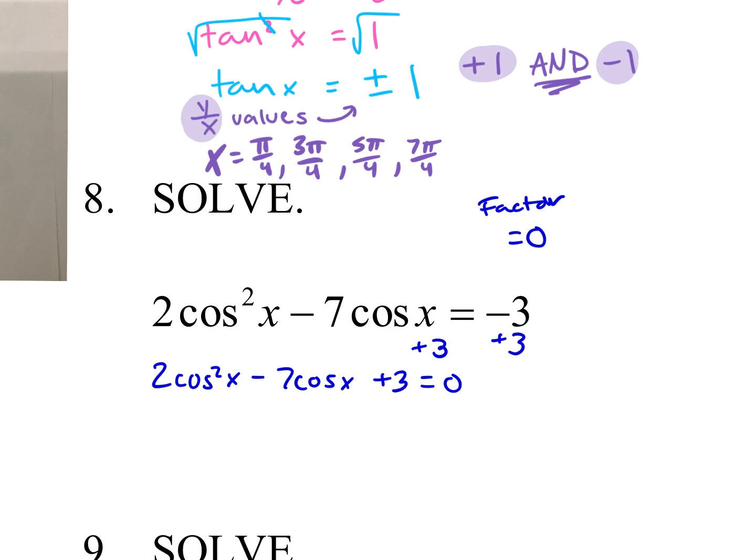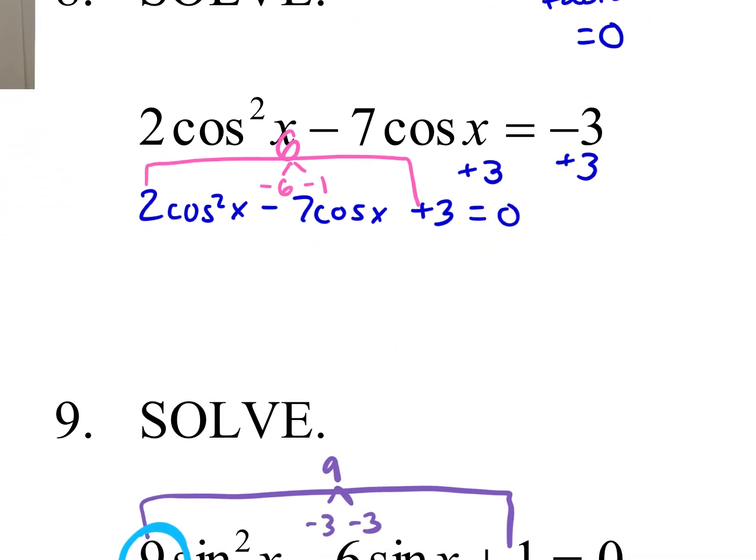Since we start with the leading coefficient that is not 1, we have to multiply the first times last, and we get 6. So our 2 factors of 6 that add to -7 would be -6 and -1. So this factors into cosine minus 6 and cosine minus 1.